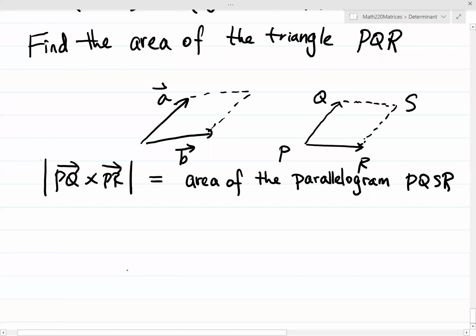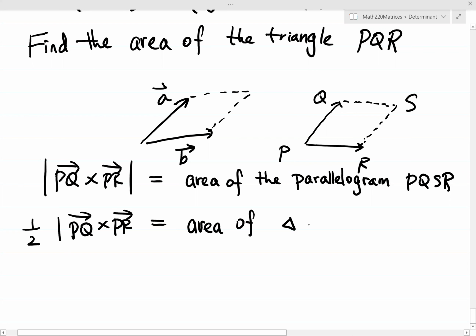So we get 1/2 the norm, and this will be the area of triangle PQR.